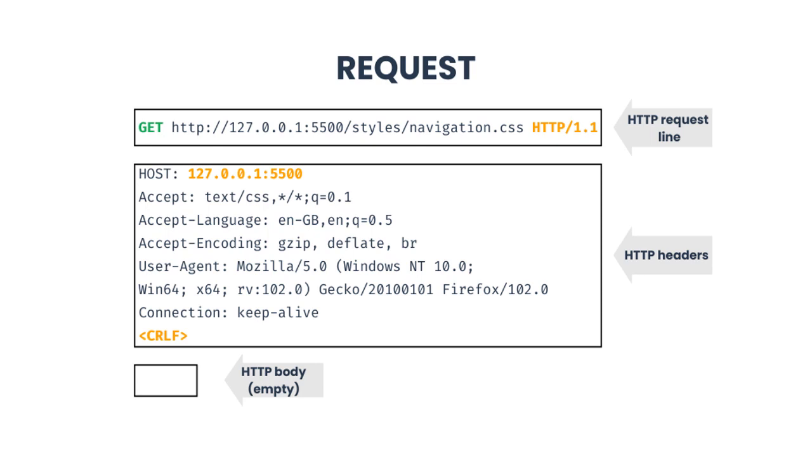Here the HTTP body is empty, and the HTTP header, which we are going to discuss in the next slide, contains all the additional information. It contains the host, the encoding, the connection status, and the user agent as well.